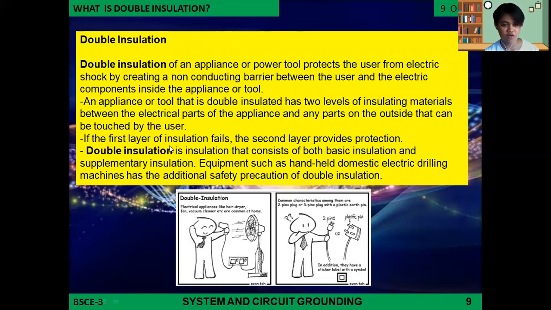If the first layer of insulation fails, the second layer provides protection. Double insulation consists of both basic insulation and supplementary insulation. Equipment such as a handheld domestic electric drilling machine has the additional safety precaution of double insulation.